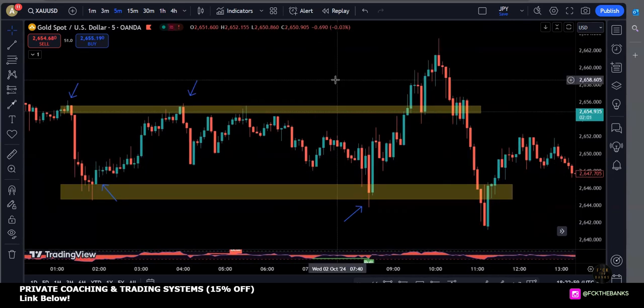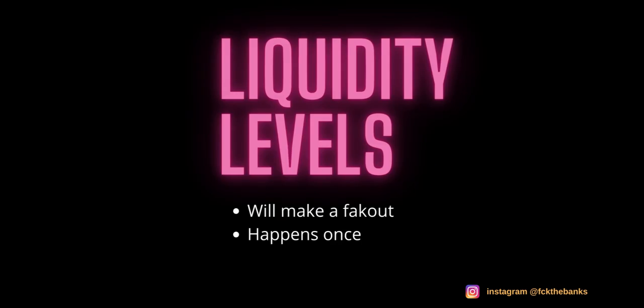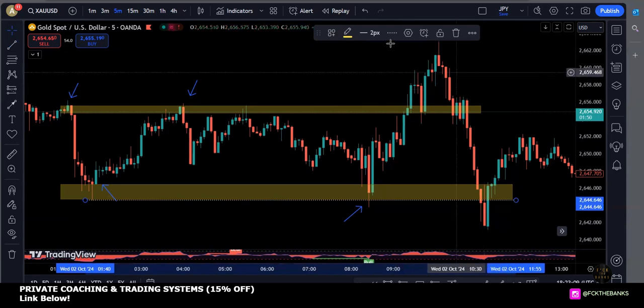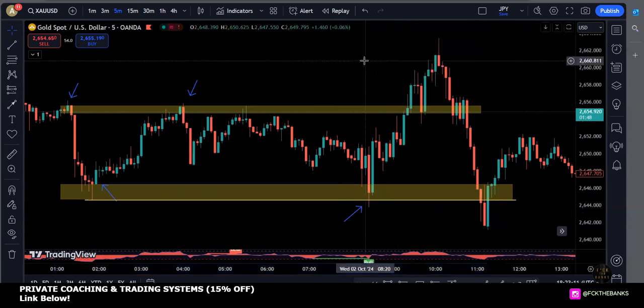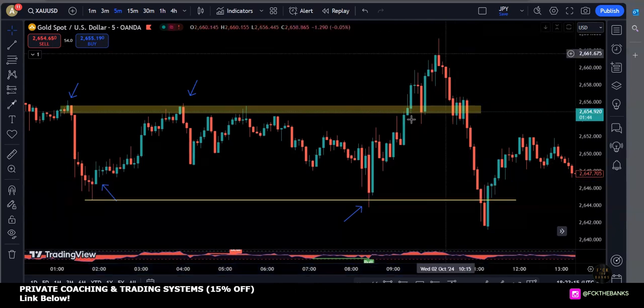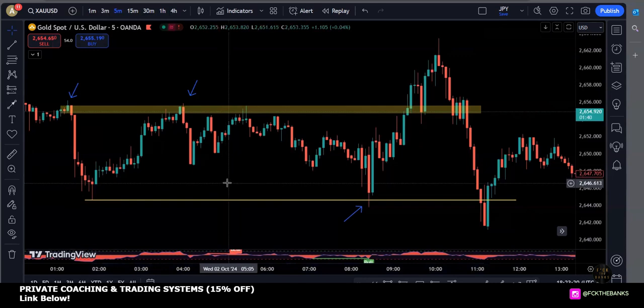Now that we are in this same example, let's talk about liquidity levels. Liquidity levels, I like to draw them with a simple line, just like this. Now the difference between support and resistance, let me delete it so that you don't get confused, is that liquidity levels usually are going to be the lows and highs of the day.